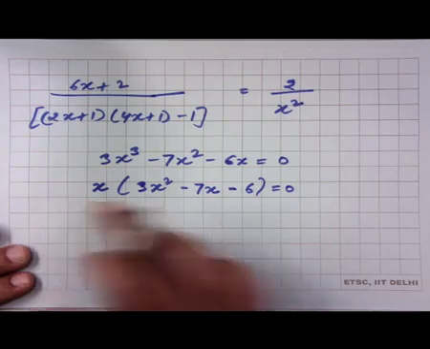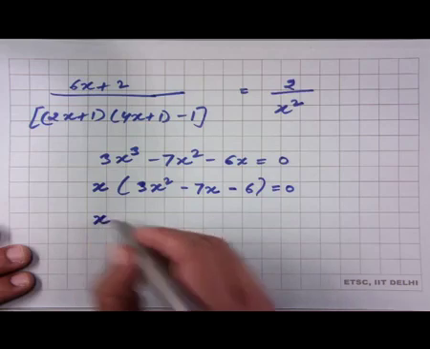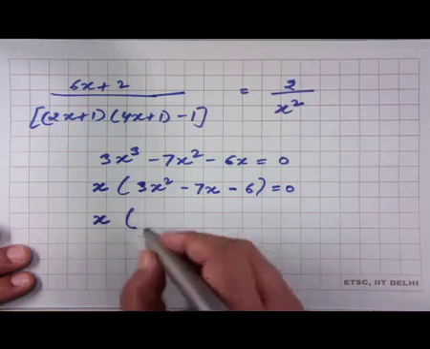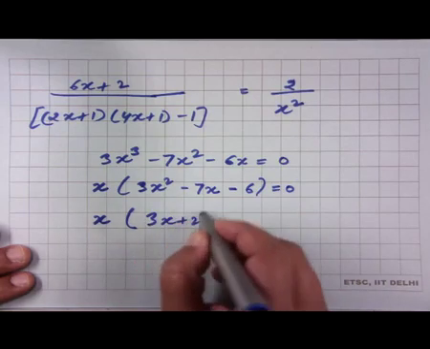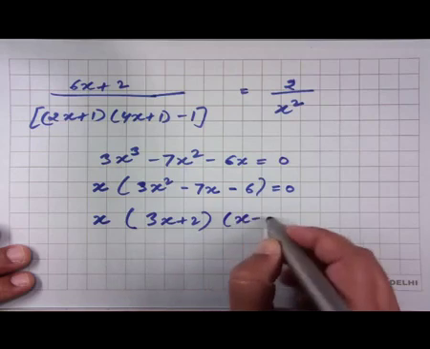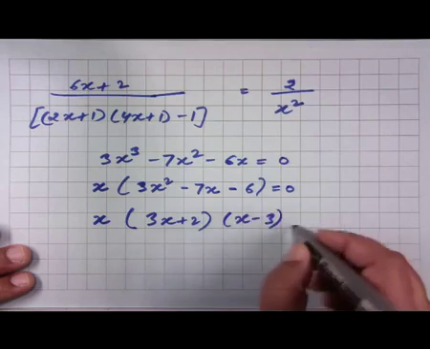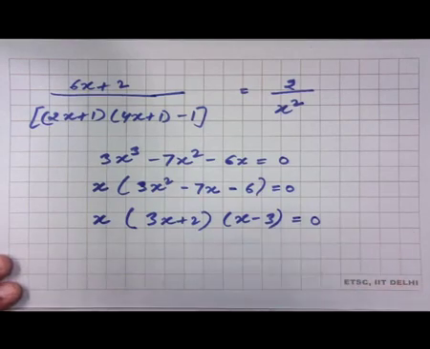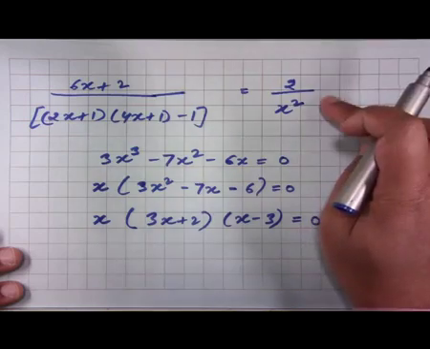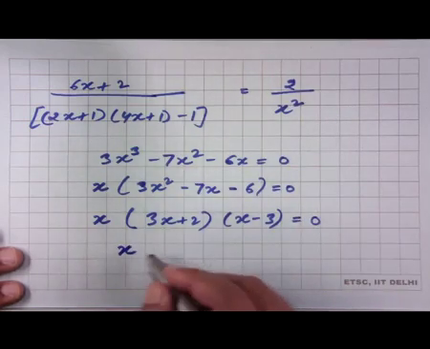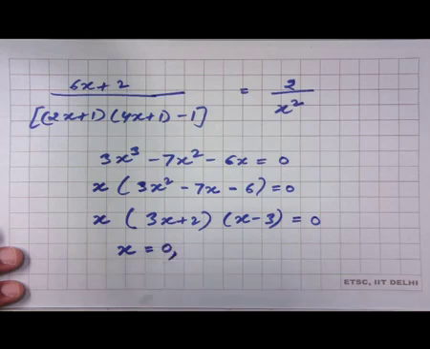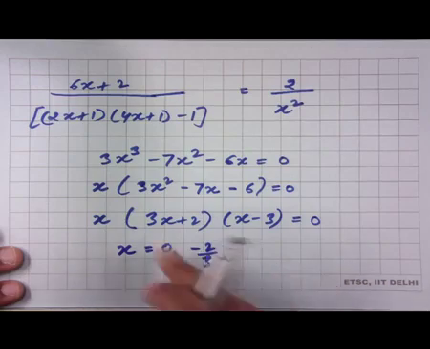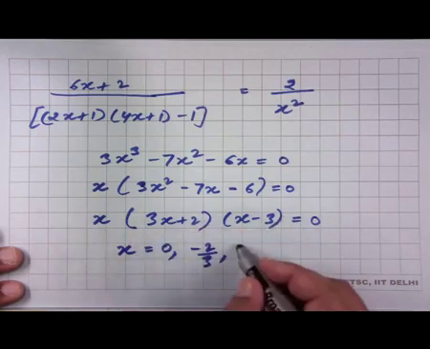So this can be factored further: we can write 3x square minus 7x minus 6 as 3x plus 2 times x minus 3. From here it is clear that there are exactly 3 values of x which satisfy this equation: x equals 0 from here, x equals minus 2 by 3 because of this factor, and x equals 3 from this last factor.